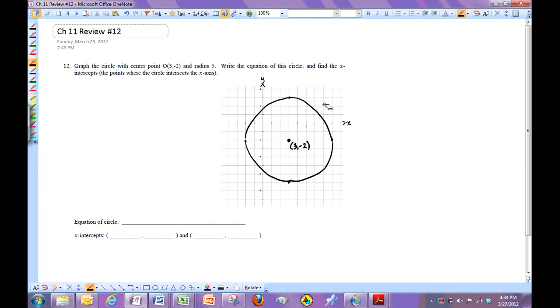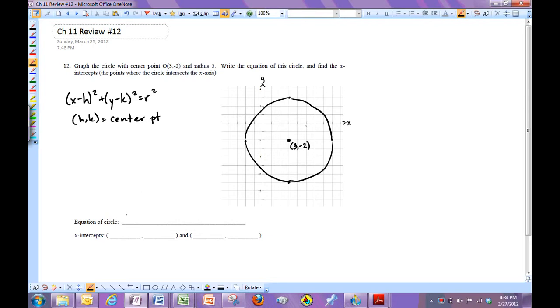And the next question here is write the equation of the circle. Okay, so the equation of the circle, remember, looks like this: (x - h)² + (y - k)² = r², and (h, k) is the center point.